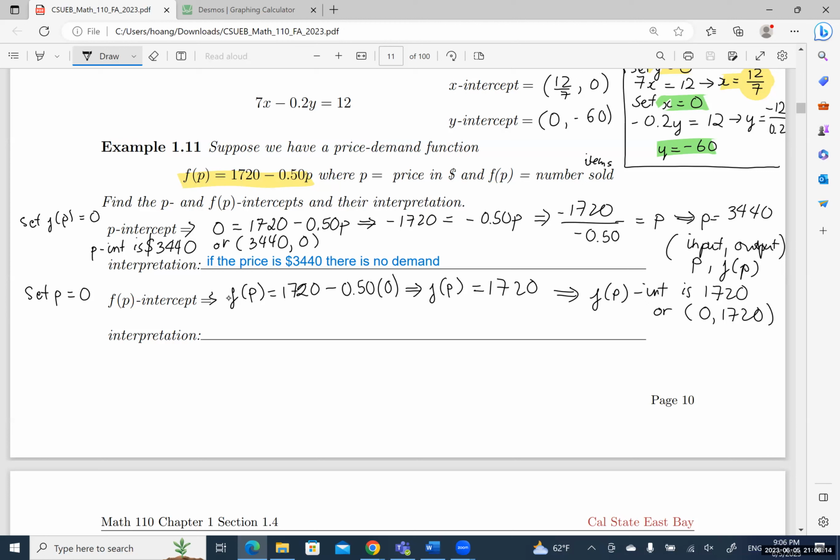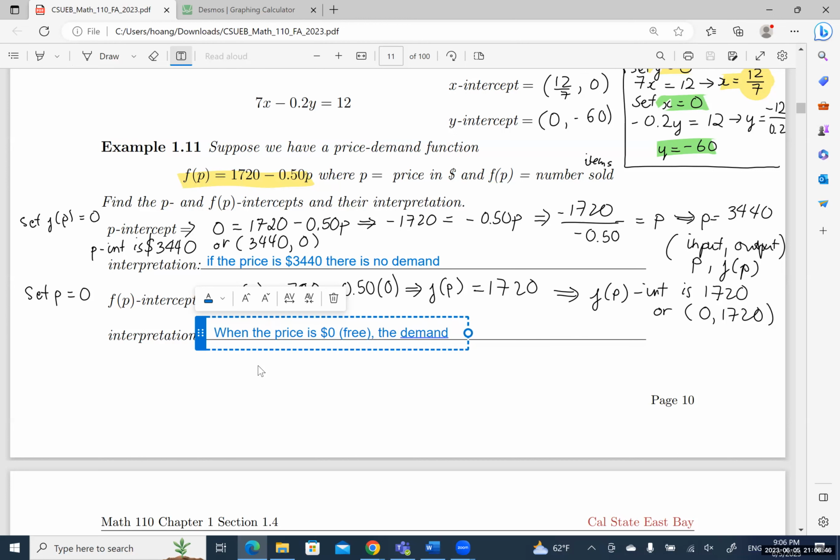And the interpretation, I would say, okay, so when the price is $0, free, right? $0, free. The demand is 1,720.